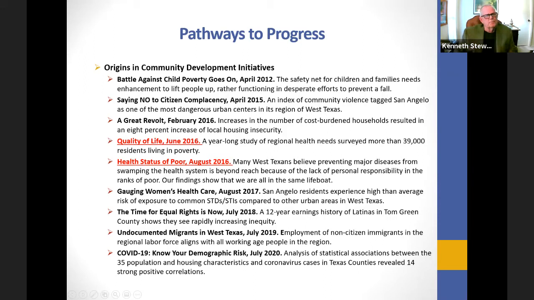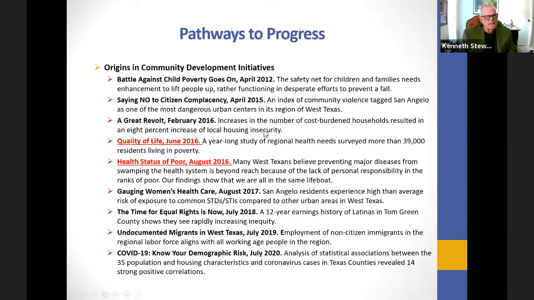We started this back in 2011 because at that time Casey and I were operating a small community-based research center called Community Development Initiatives. And Community Development Initiatives was in the business of conducting research that would focus on vulnerable populations.